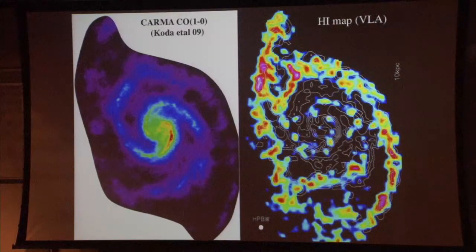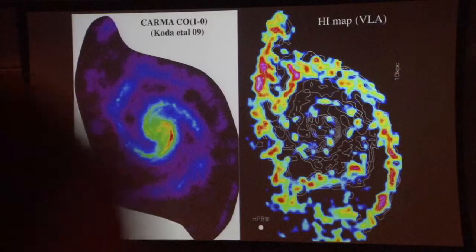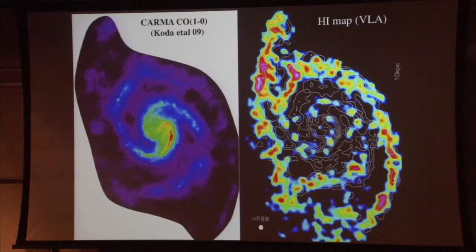But in fact, suppose you have a picture in which gas is cycled from atomic or ionic phase, diffuse phase, into molecular phase, and it's cycled as you orbit in the disk of the galaxy. You might naturally say, well, the atomic phase should probably be in the inter-arm regions where the gas is less dense, and the molecular phase may be in the spiral arms where the gas is forming OB stars.